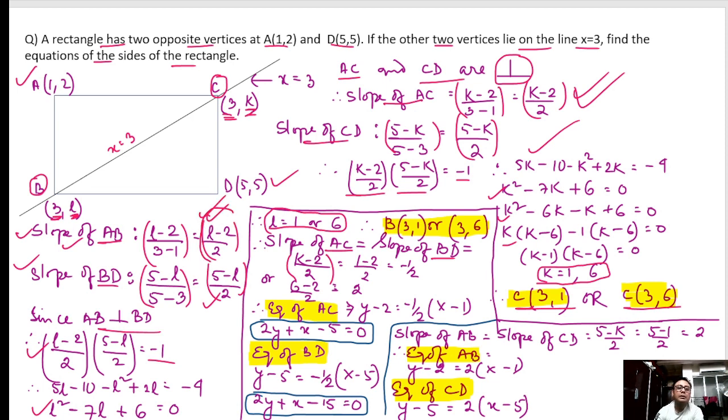This was the slope of BD, 5 minus L by 2. AC was K minus 2 by 2. AC is perpendicular to BD. So the slope of BD was this.